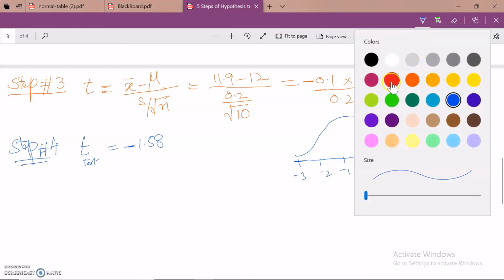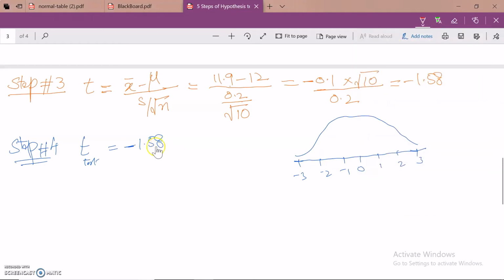So now we try to locate this value in this curve. Minus 1.58 will be somewhere here, right? Once you have located this value, you build a wall like this. So this is the value of the test statistic, minus 1.58, right?